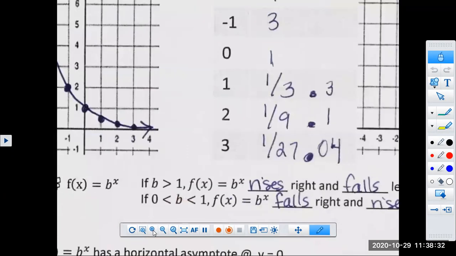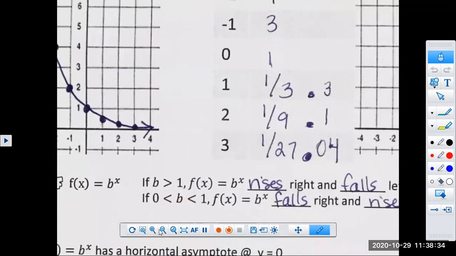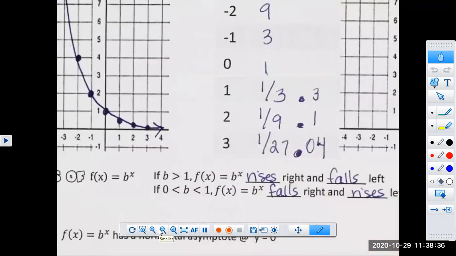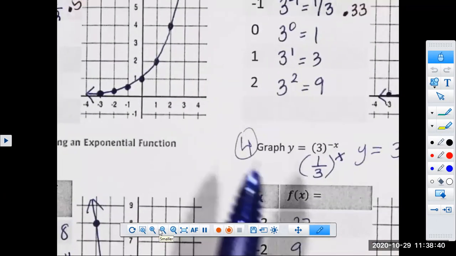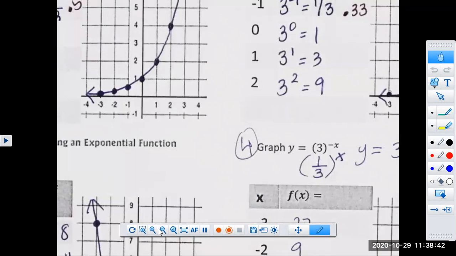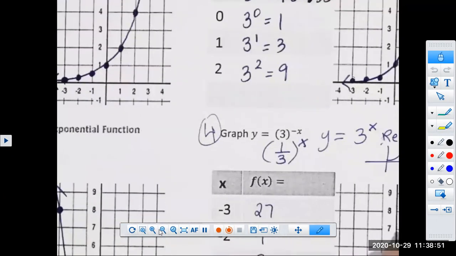Okay, look down at the very bottom. In all the graphs that we've looked at, for just the basic b to the x graph, what is y equals 0 in every graph? Y equals 0, or your x-axis?